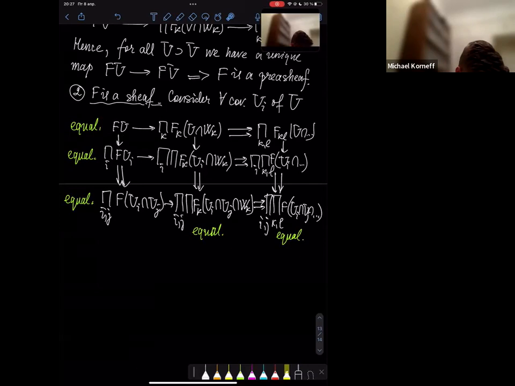And from this we can conclude that this is also an equalizer. And thus we have proved this theorem.